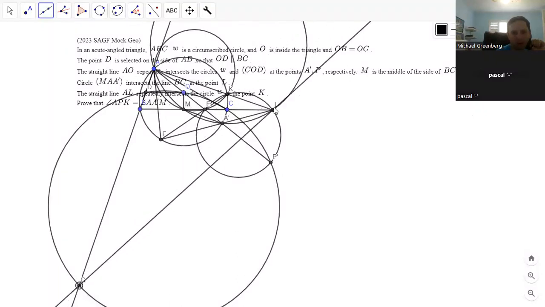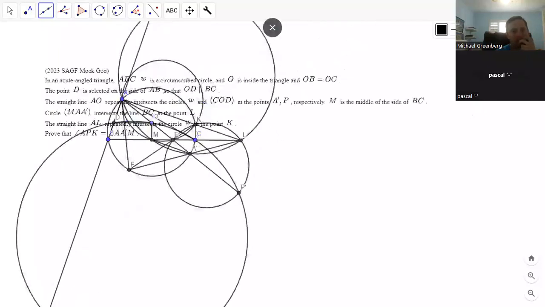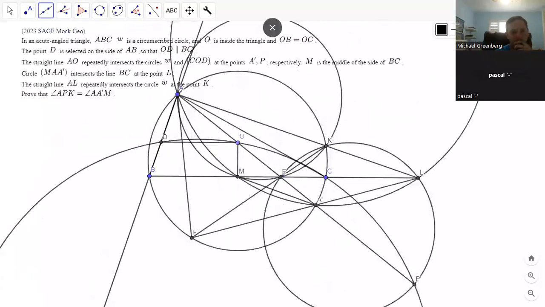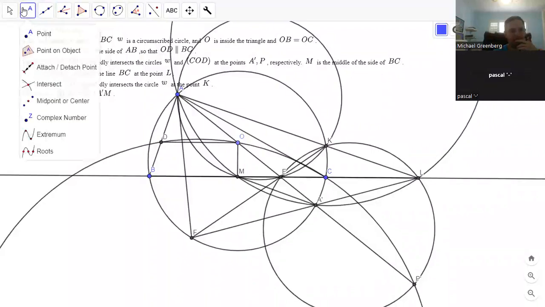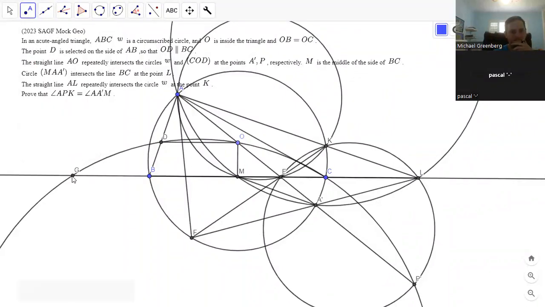I'm not so sure about that. DOCP. I mean, we have this point right here, and it would make an isosceles trapezoid.